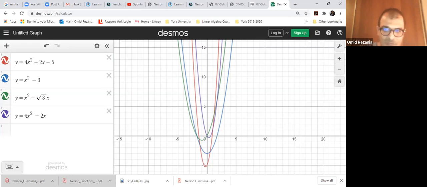But the thing which we just want to wrap up today is that all these functions occupy quadrant 1 and quadrant 2 of the Cartesian coordinates. Anywhere they start as an intercept, even from -5 here, they are always pointing upwards.